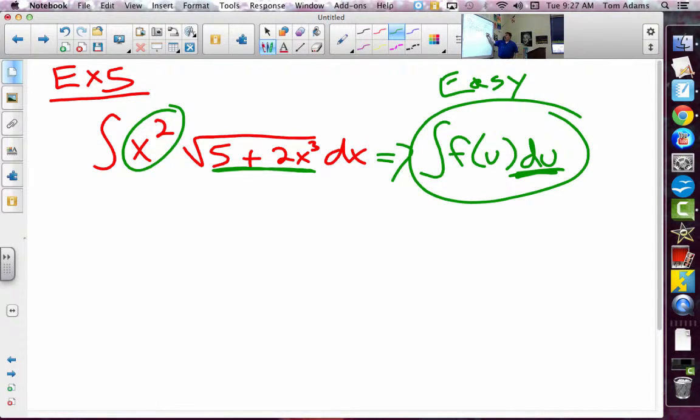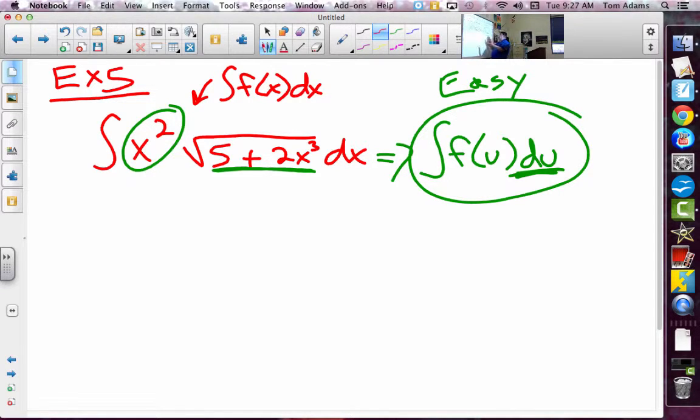Then I will have a function of u and du, and then I could just integrate. And it'll be a lot easier to integrate than the current f of x. Because right now, what I have up here is the indefinite integral of f of x dx, but it's really complicated.